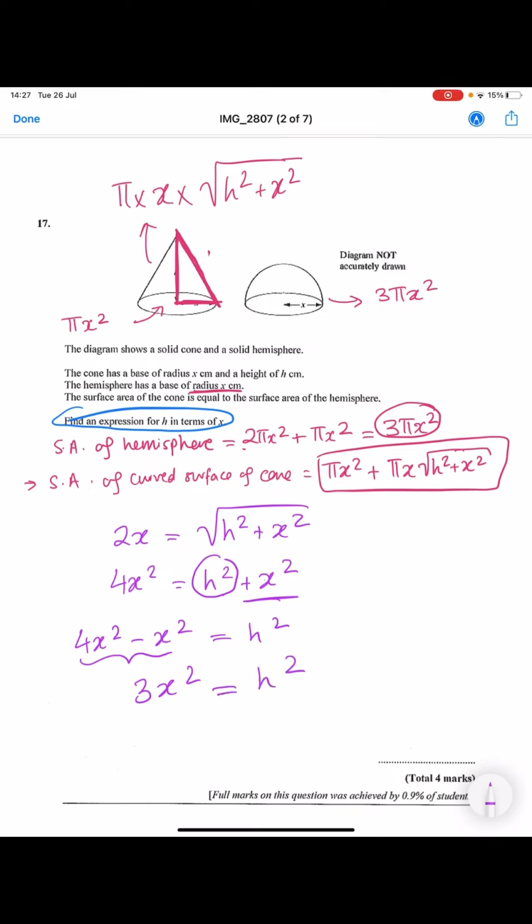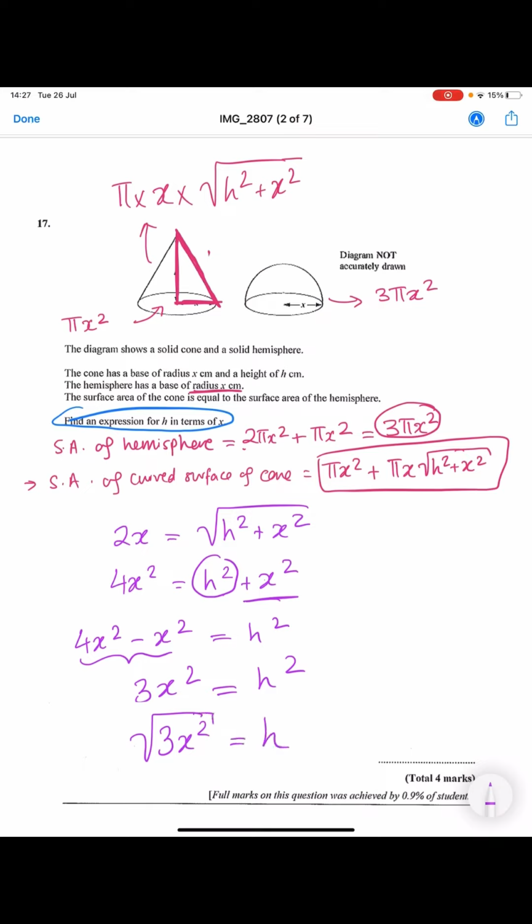Okay, we're nearly there. We still don't have h on its own. We want h equals something. So the final thing that's in the way of h is the square. Opposite of squaring is square rooting. So let's square root the other side. So the square root of 3x squared equals h.